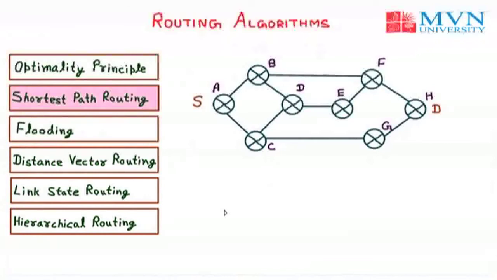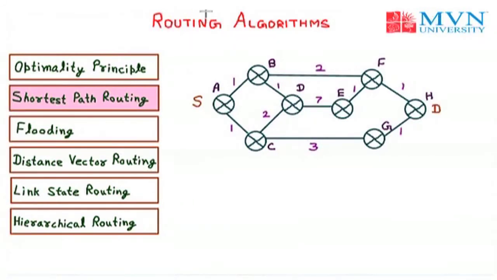Let us suppose the distance between A and B is 1, B and F is 2, and F and H is 1. B and D is again 1, D to E is 7, E to F is 1, D to C is 2, A to C is 1, C to G is 3, and G to D is 1.